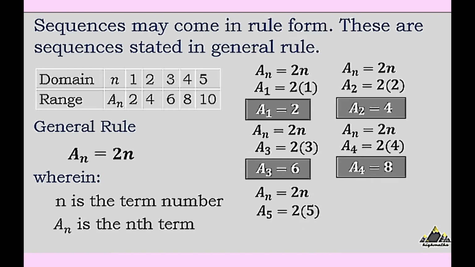Lastly, a sub n equals 2n, our general rule, substituting 5 to the variable n to obtain the fifth term, we have a sub 5 equals 2 times 5. We get a sub 5 equals 10.